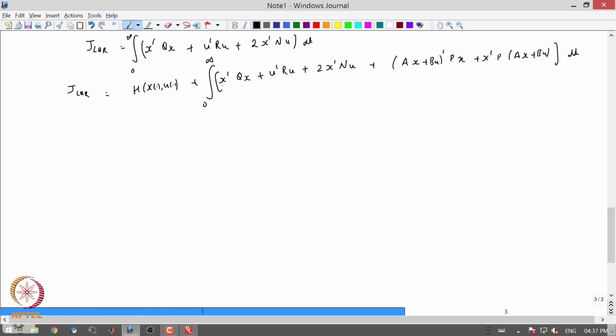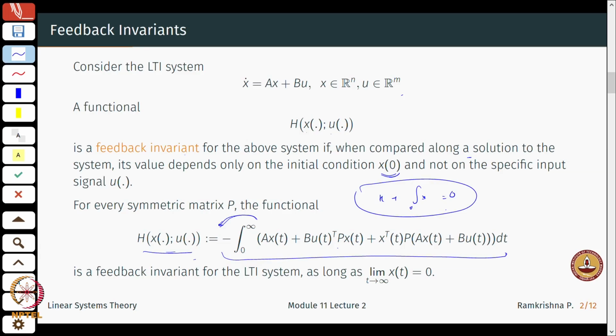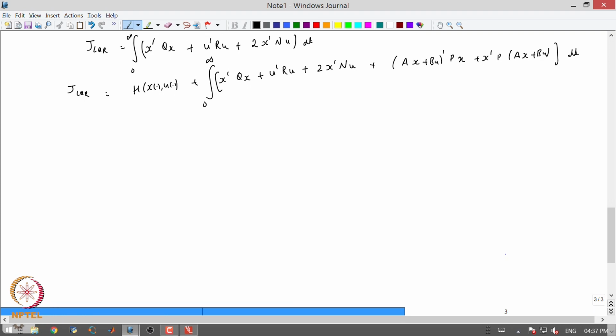So, this additional term just comes from here. Okay. So, I just rearrange terms.